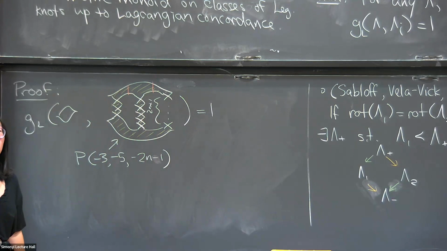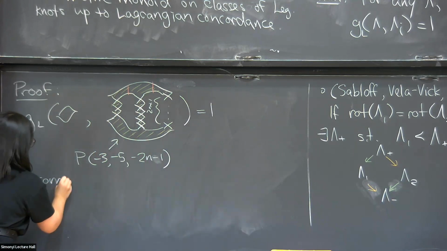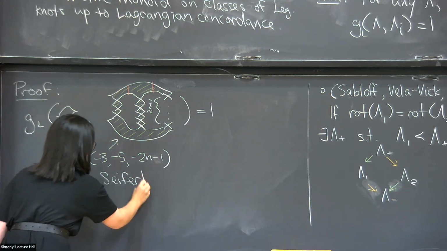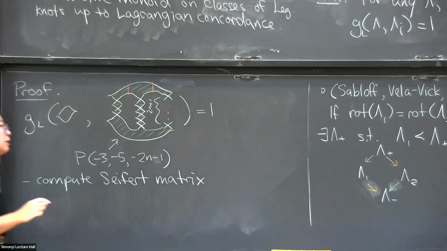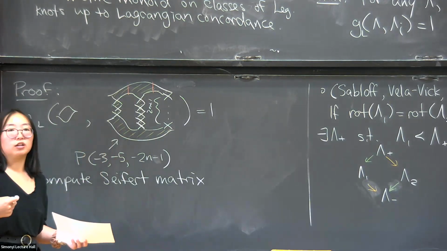And in fact, I can compute the Seifert matrix of these guys, which is the matrix that I get when I think about the way that the homology generators of this surface link with each other.